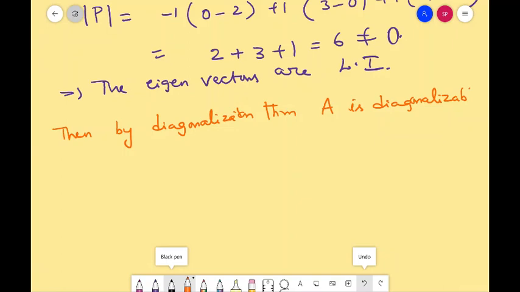So now, if it is diagonalizable, then you will diagonalize it.